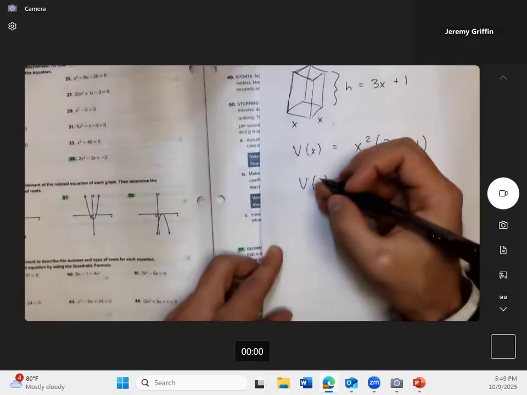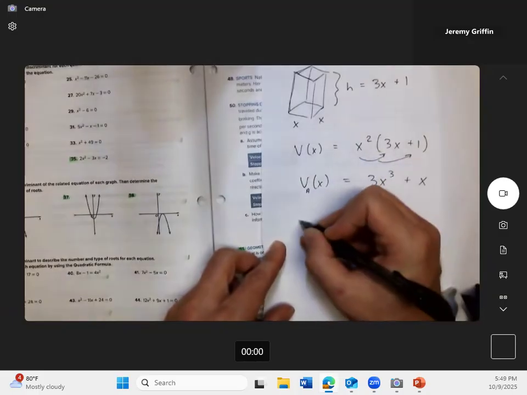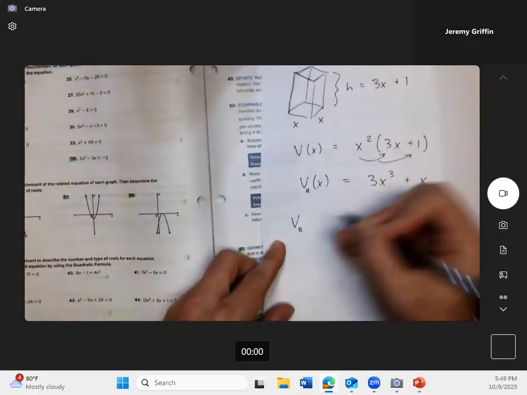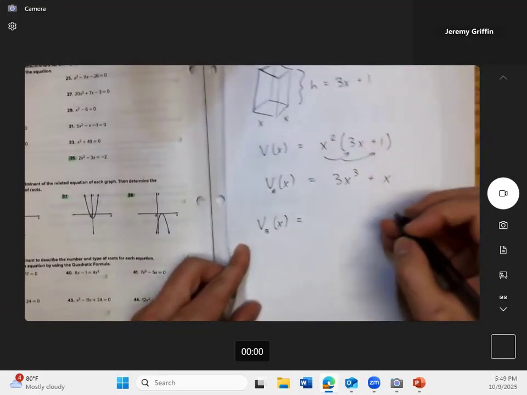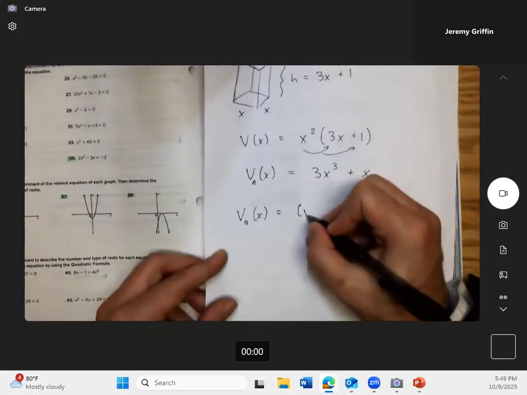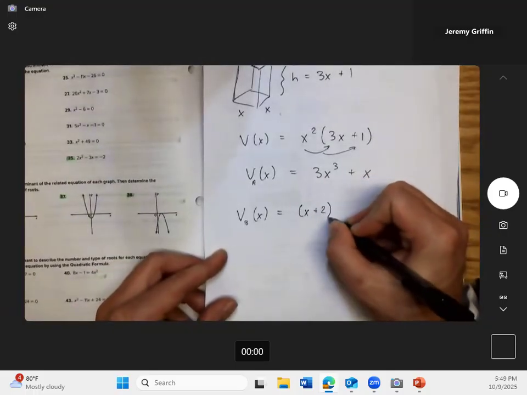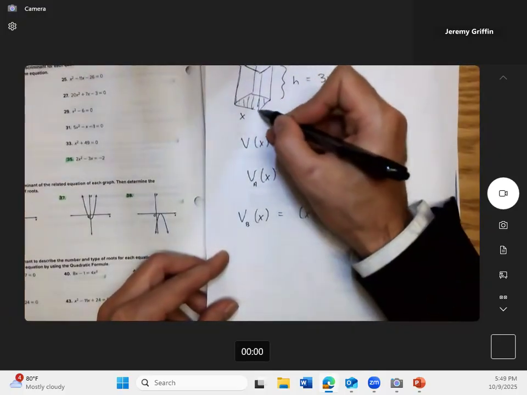So maybe this is the original box. I'll call it box A. Now the bigger box, box B, as a function of x: well, now the side isn't x anymore. It's x plus 2, and that's squared because it's a square base, so x plus 2 times x plus 2.